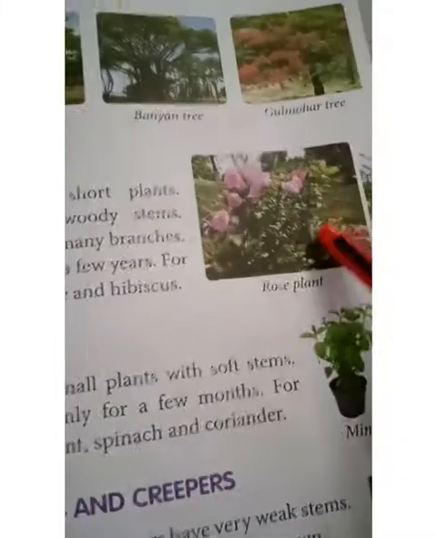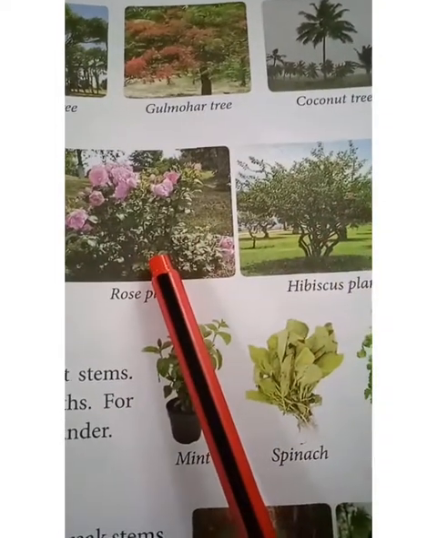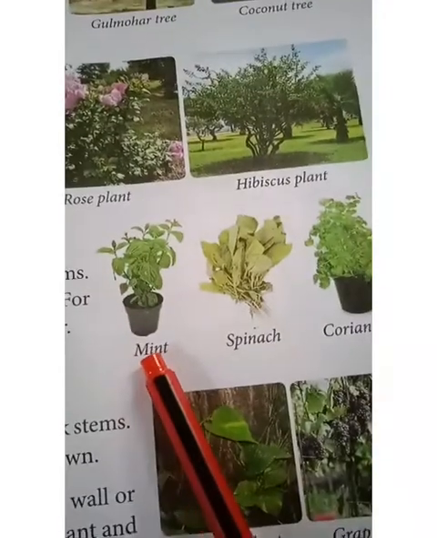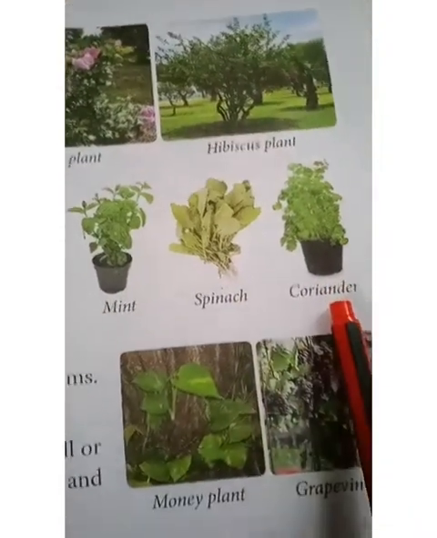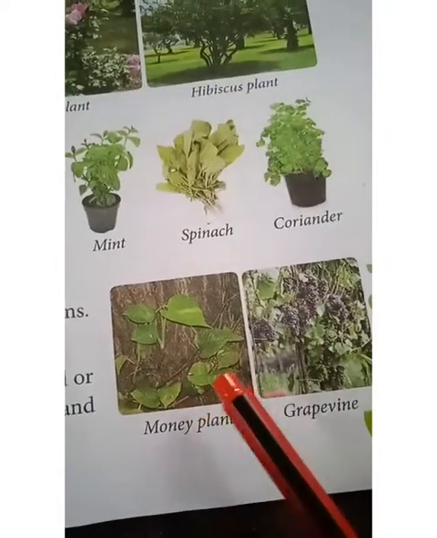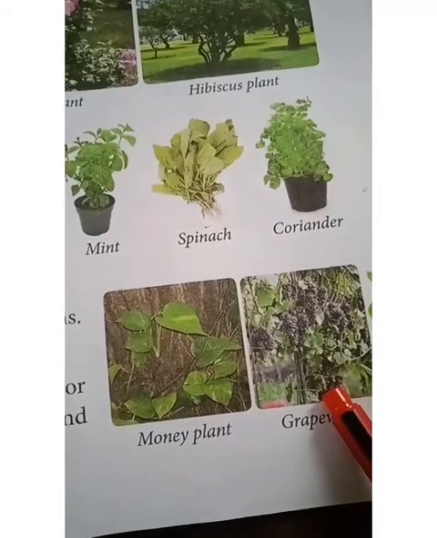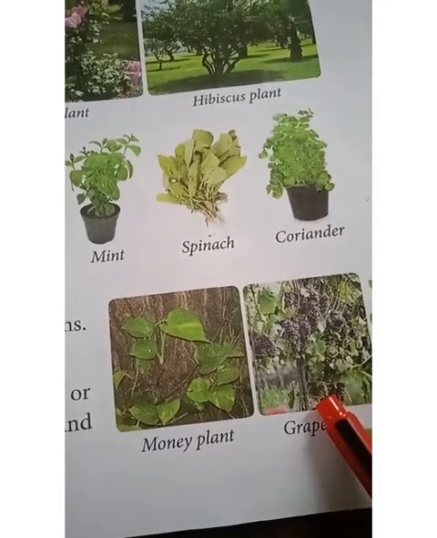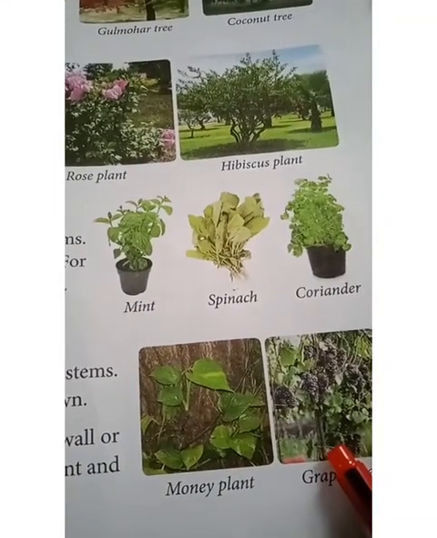You know, rose plant, hibiscus plant, mint plant, spinach plant, coriander plant, money plant, grapevine. So, there are different types of plants growing in different places.